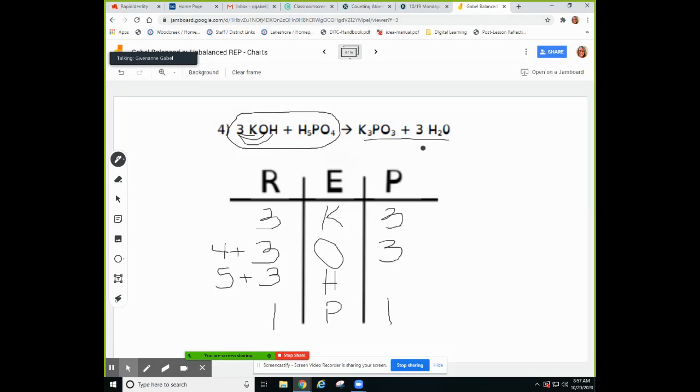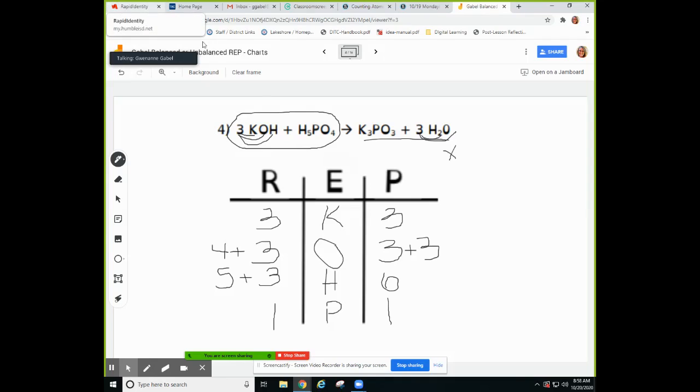Okay? Hydrogen, there's a coefficient of 3 and a subscript of 2, so I need to distribute this 3 to both elements and multiply. 3 times 2 gives me 6. And then 3 times 1 of oxygen gives me 3 more atoms of oxygen.